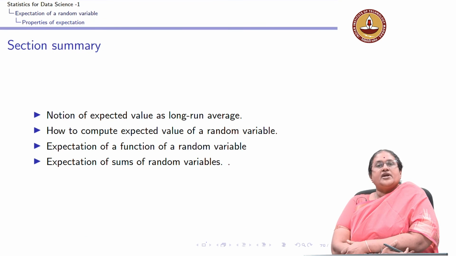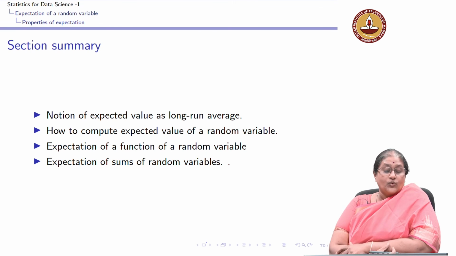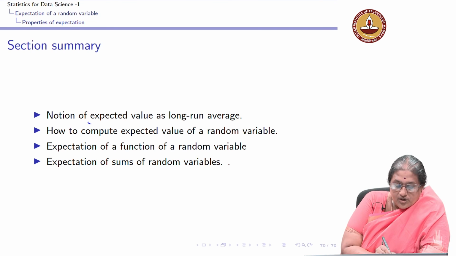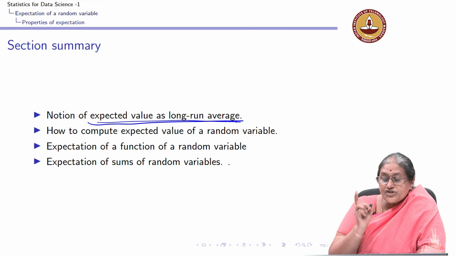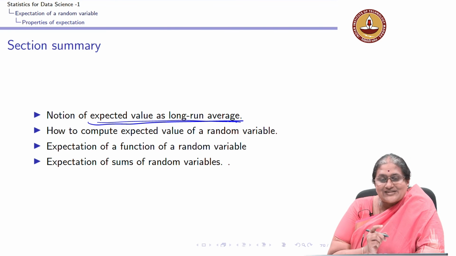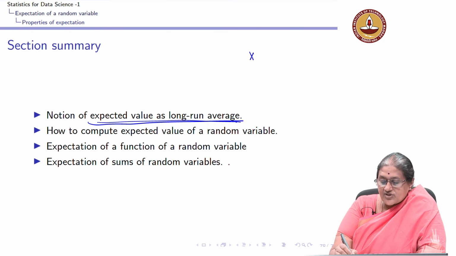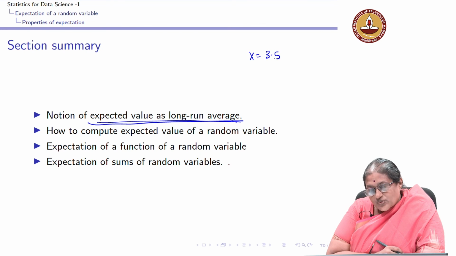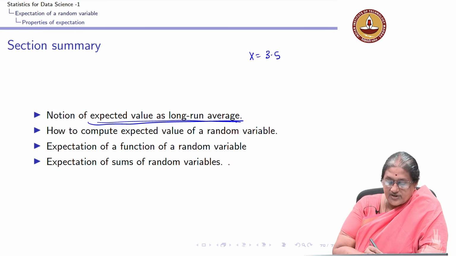So, in summary, what we have introduced so far and what you should know now is the notion of the expected value as a long run average. A word of caution: do not interpret it to be the value the random variable will take. For example, we saw that x cannot take the value 3.5 when you roll a dice once, but rather it is the average of the outcomes.